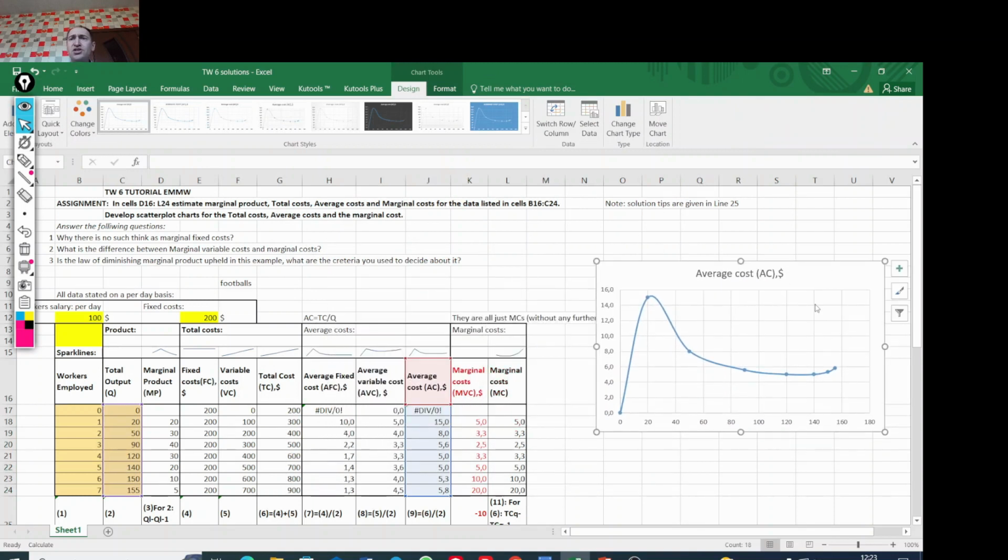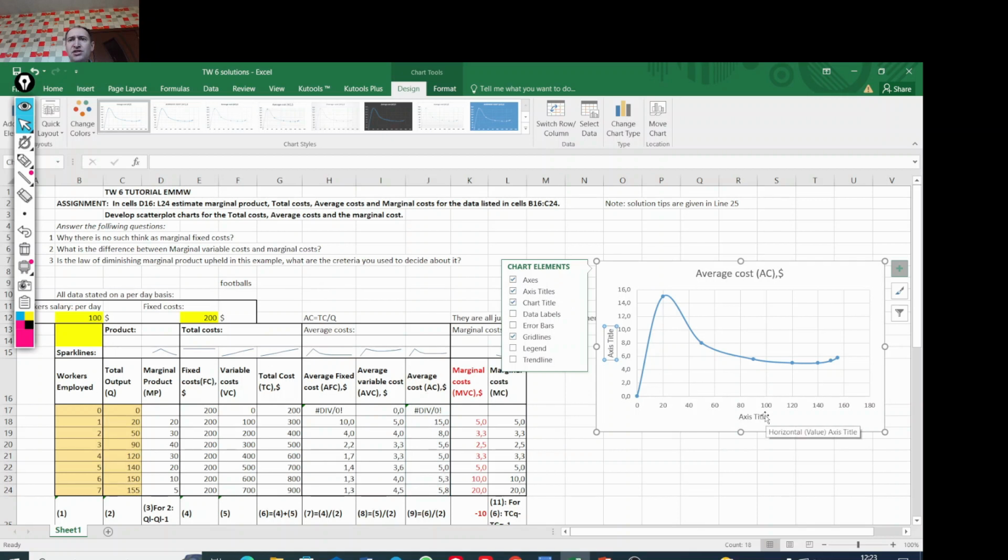The first association is depicted: the association between the average cost and the total output. Step number 2 is to mention the name of the axis. Here we have Q of the output, not labor, but output.